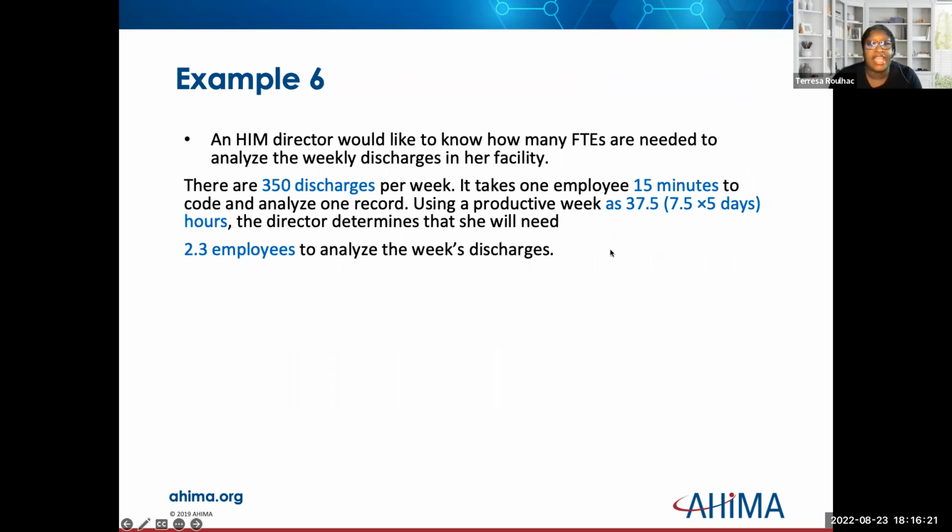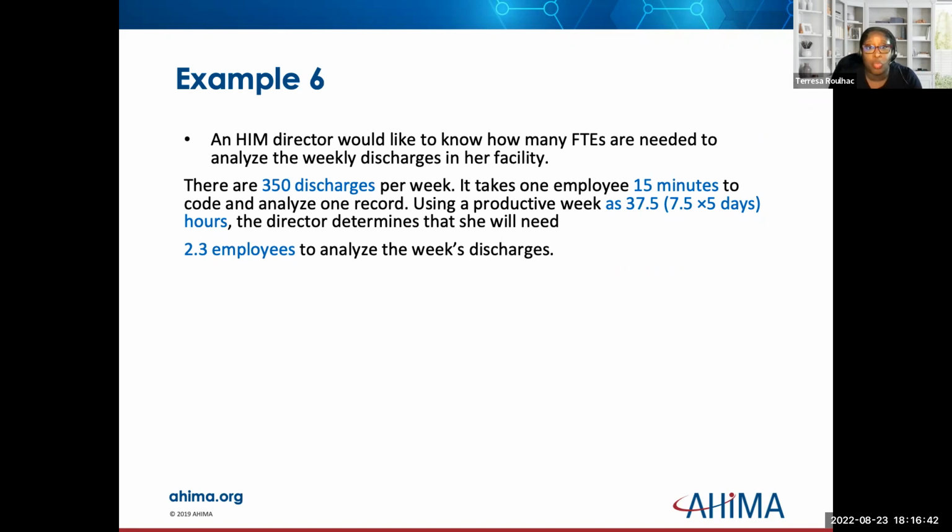Here, an HIM director would like to know how many FTEs are needed to analyze the weekly discharges in her facility. So we look at how many there are. There are 350 discharges per week.